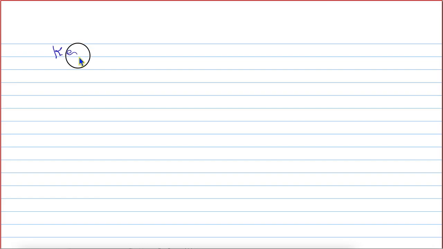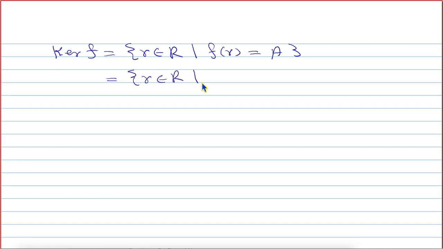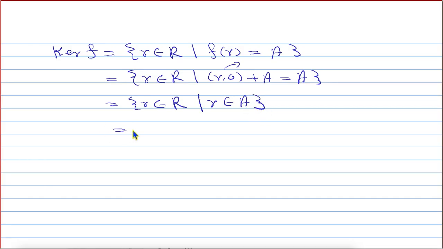So let's examine the kernel of F, which is all elements little r in R such that F of r maps to the zero element of the quotient ring, which is 0 plus A. We can write it just A. So this equals all r in R such that, by the definition of F, we have r0 plus A equal A. So r is also in A, and this set represents the intersection of the ring R with A. Of course, R here is viewed as an ideal in the ring S.